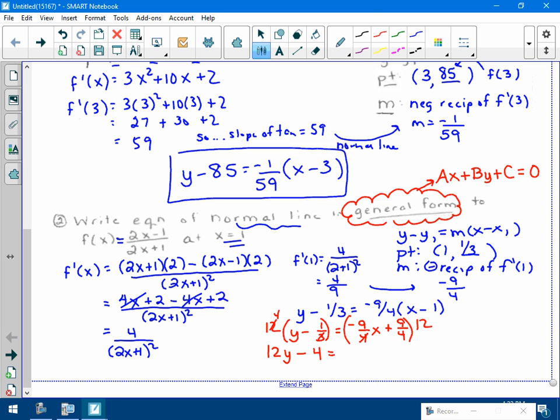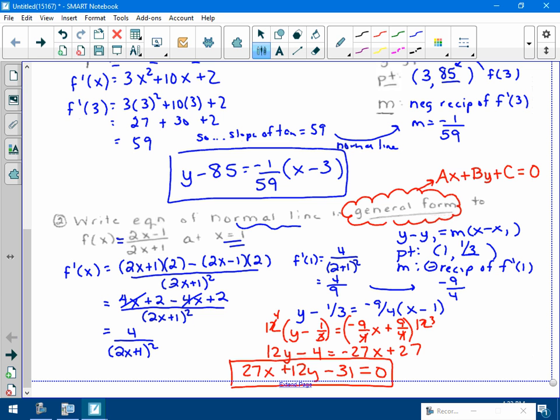This is going to cancel, being left with a 3, so that's negative 27x. Same over here, but it'll be plus 27. So if I make it all equal to 0, I would have 27x plus 12y minus 31 equals 0. Equivalent form of a line, just a form that we haven't been using quite so often lately.